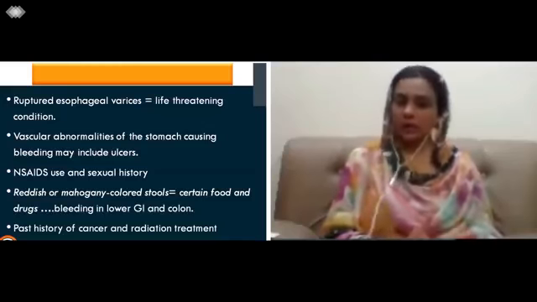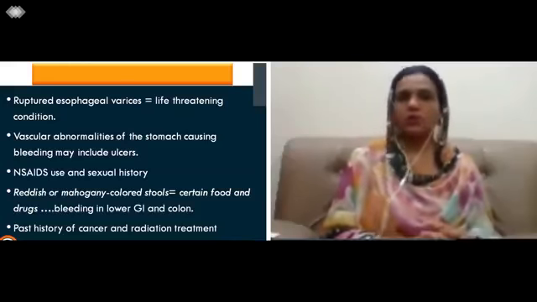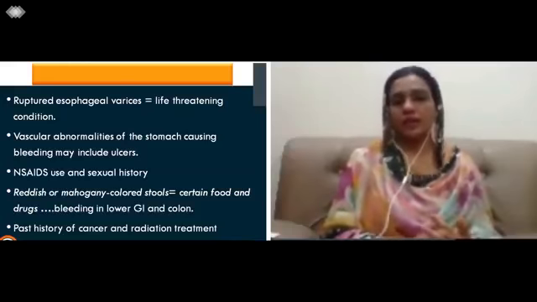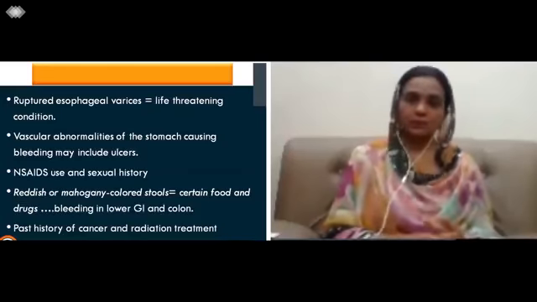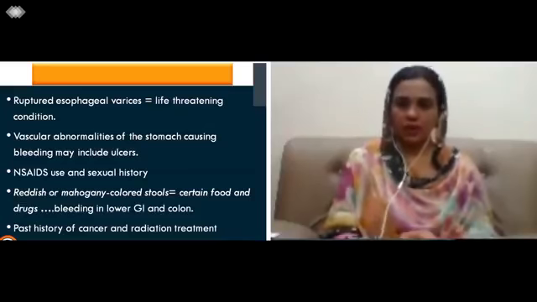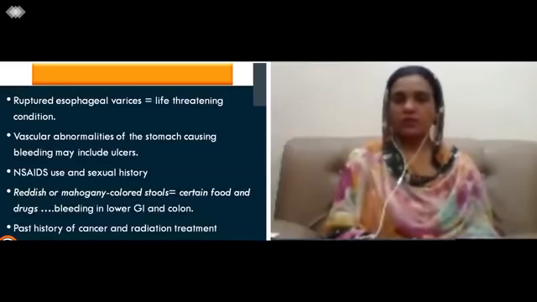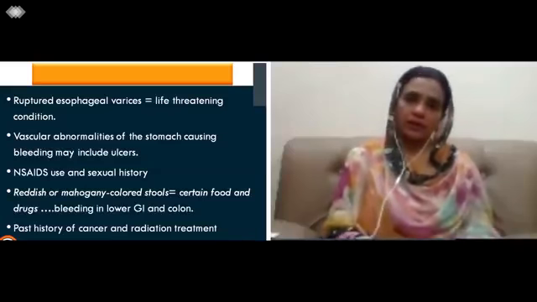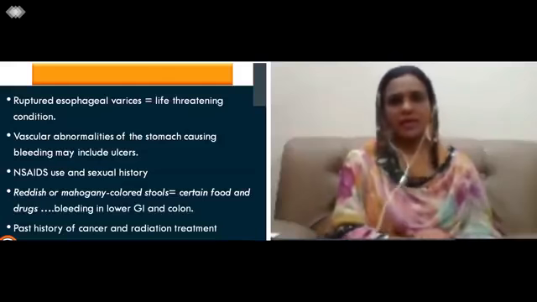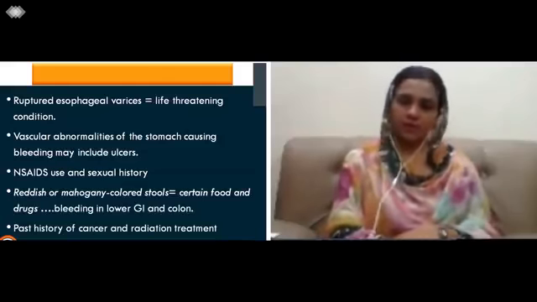But on the other hand, reddish and mahogany colored stool can also be caused by bleeding in the lower GIT, especially your colon. So both possibilities are there. You have to rule out whether the patient has taken some kind of food or drug that is the reason for this color of stool, or whether the patient has some GIT bleeding. And in any case where you are suspicious about GIT bleeding, you need to refer the patient.